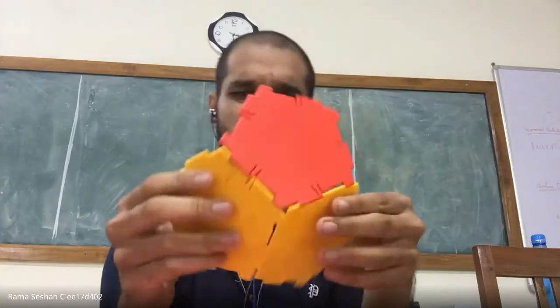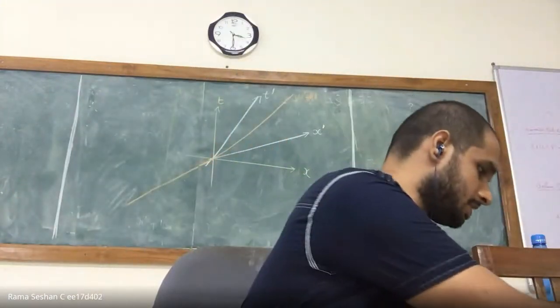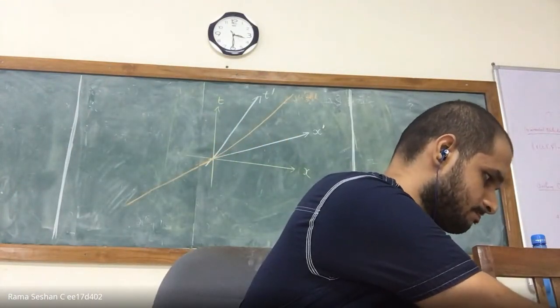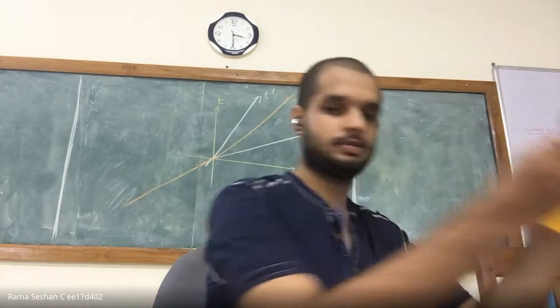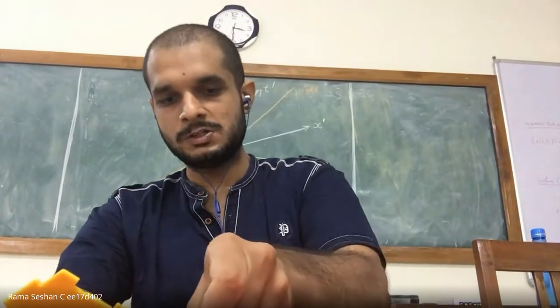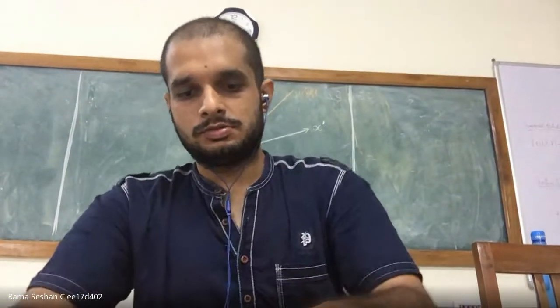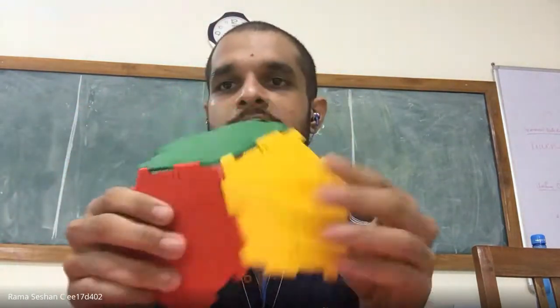I will use another color to distinguish. Because it will be very convenient, I will use a green rather than another yellow. So you see this yellow, red, and green.